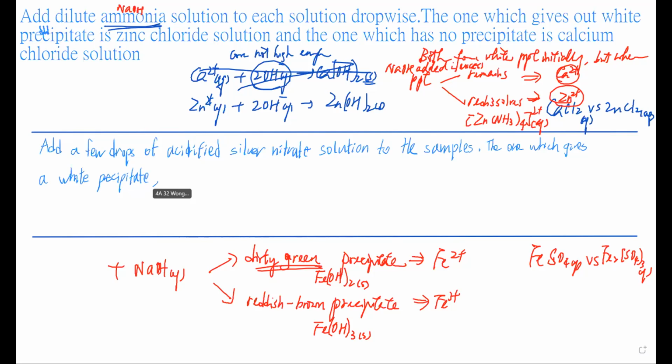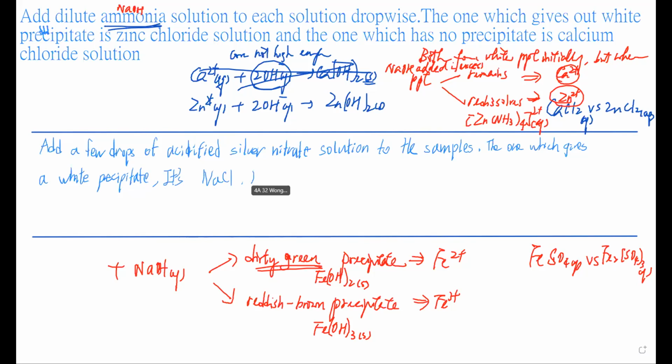It is sodium chloride. How about carbonate? What happens to the carbonate? What is the observation for carbonate?